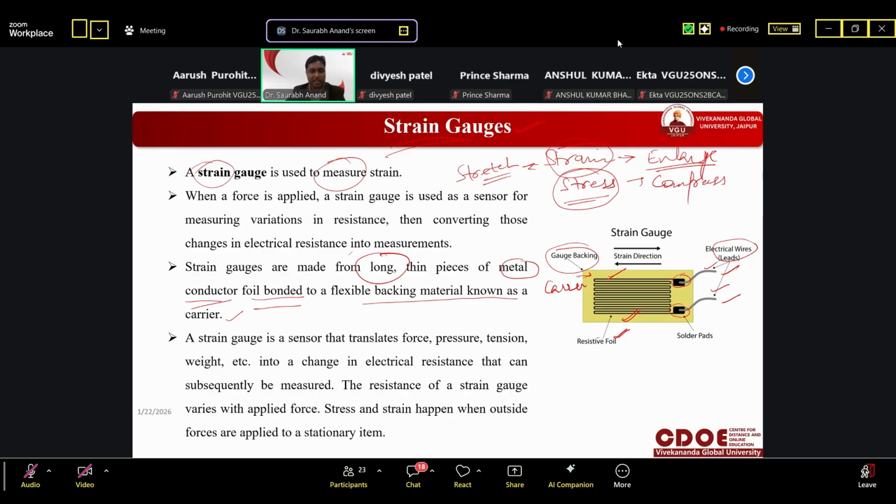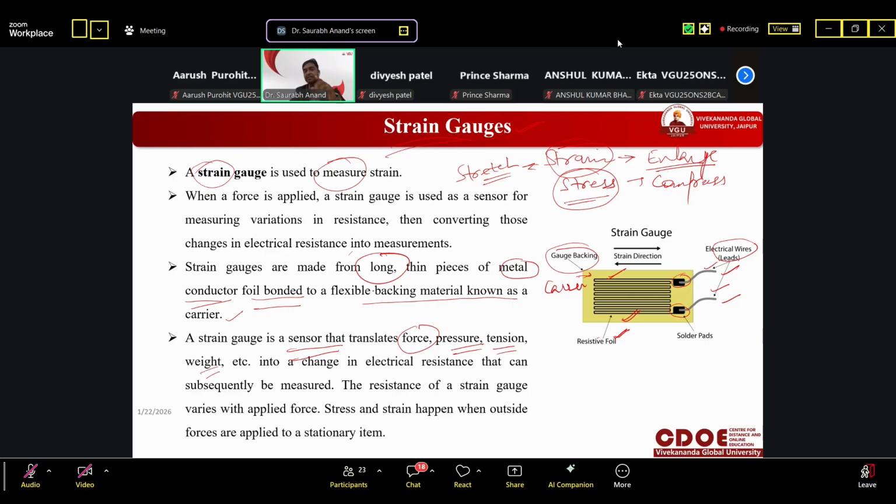Okay. So it is actually a sensor. And what it is sensing? It is sensing the force like pressure, tension, weight, anything. So whatever types of forces we have, we can sense using strain gauge.